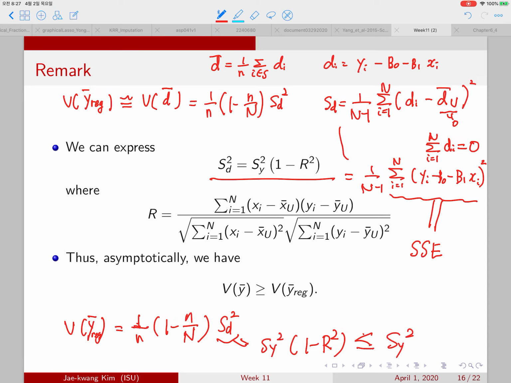So overall, this is 1 minus n over N, S_Y square, so that is the variance of y bar. So that is an interesting result, because that basically means that the regression estimator almost always has a smaller variance than the sample mean, which is a very attractive property of the regression estimation, right?